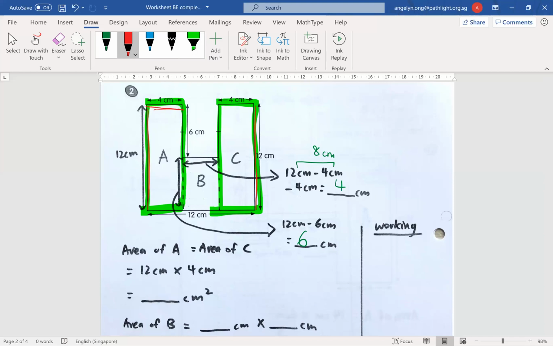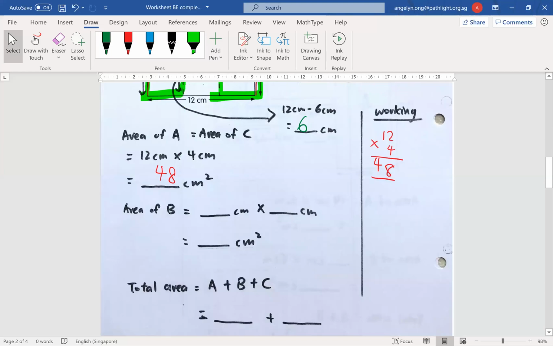So I just take 12 times 4, and what was that? Okay, we can do working. 12 times 4. 2 times 4 is 8, and 1 times 4 is 4. So answer is 48 square centimeters. So A is 48 square centimeters, and C is also 48 square centimeters.